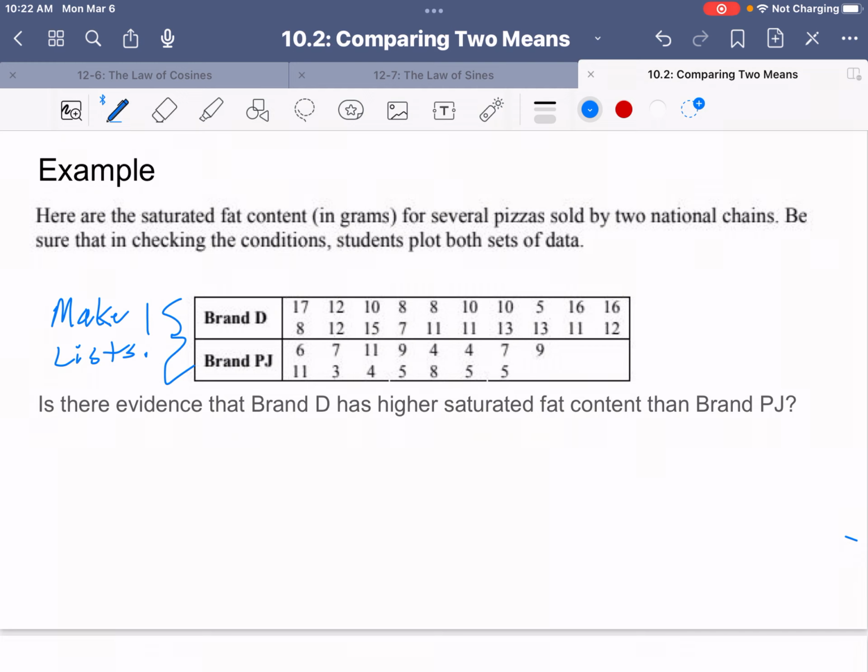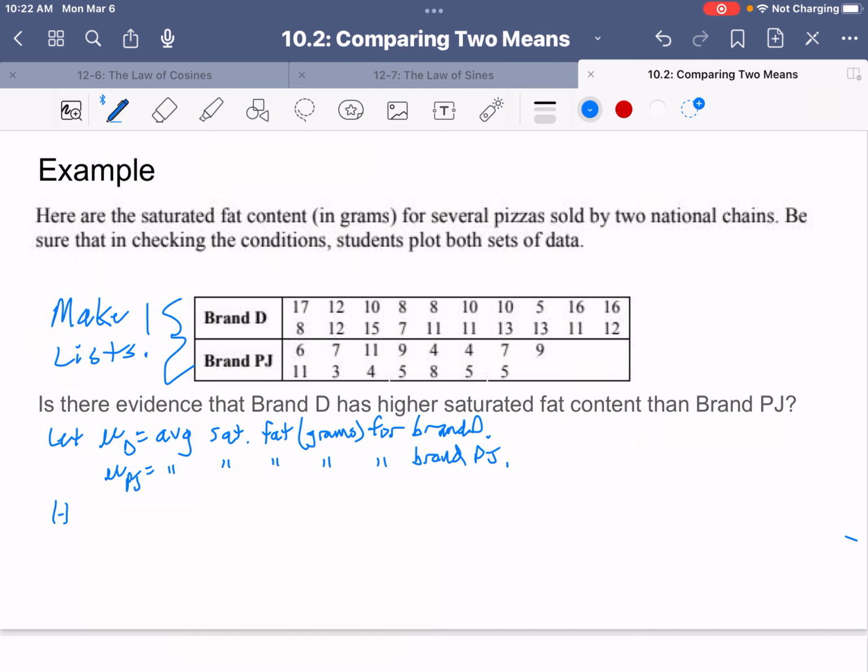So here we go. I'm going to say let mu subscript D equal the average saturated fat in grams for brand D, and I'm going to say mu PJ equals the average saturated fat grams for brand PJ.